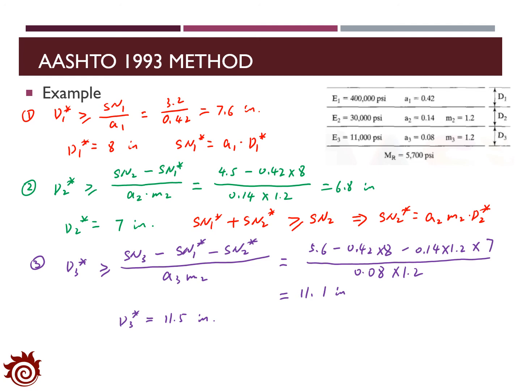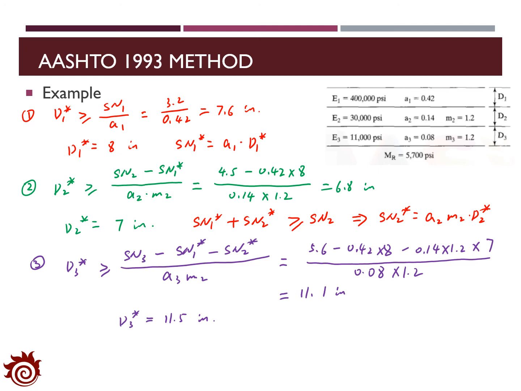Also, you need to double check this with the minimum thickness requirement we specified in the previous page. For the surface layer, the thickness is set as 8 inches and the base layer is set as 7 inches, which are all higher than the minimum requirement.